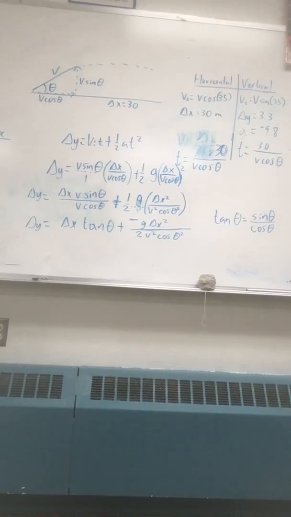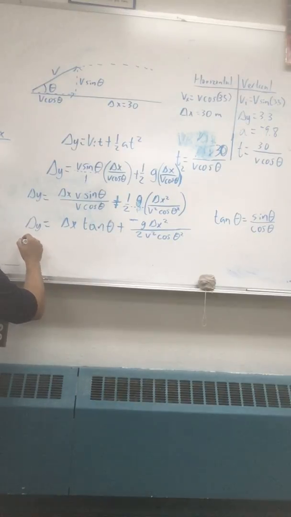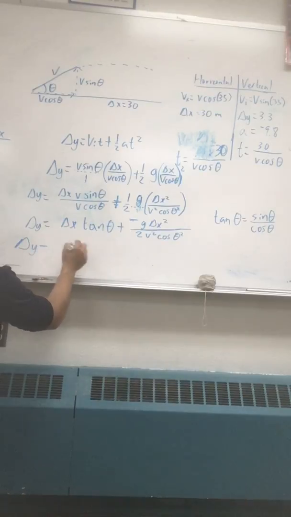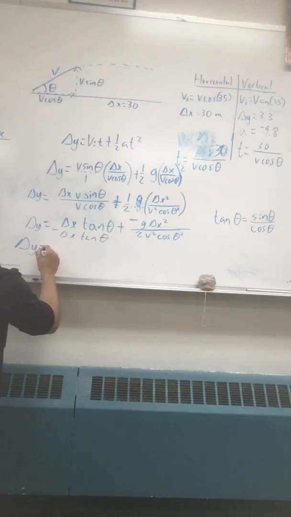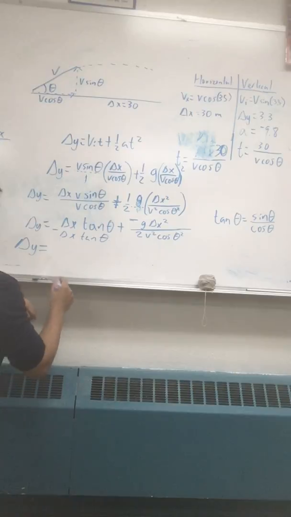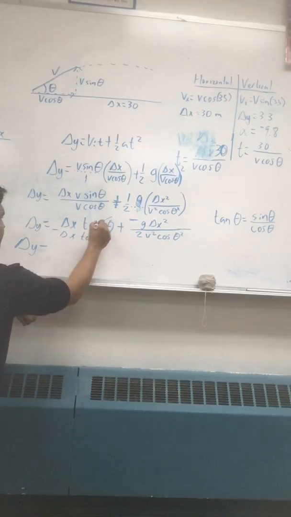And the way I'm going to do that is I'm going to subtract this since it's being added to this side. So I get change of y minus change of x tangent of the angle. That gets subtracted. What I do to one side, I do to the other side.